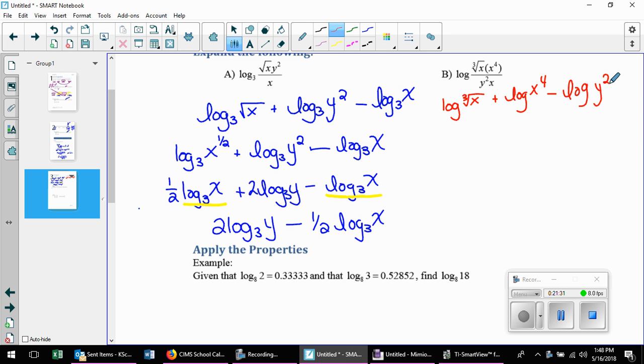Both are correct. Before I write my next one, my question is, do I use brackets or don't I? I'm going to use brackets here because what's happening between these two? They're being multiplied, so that would turn into an add. But you wouldn't be wrong if you did this.